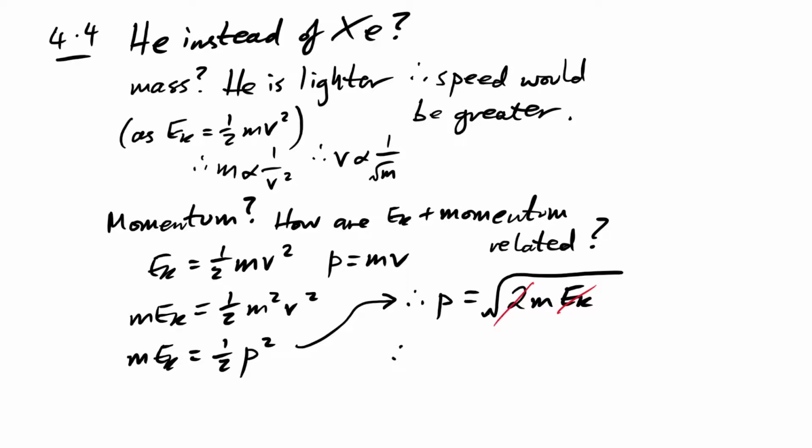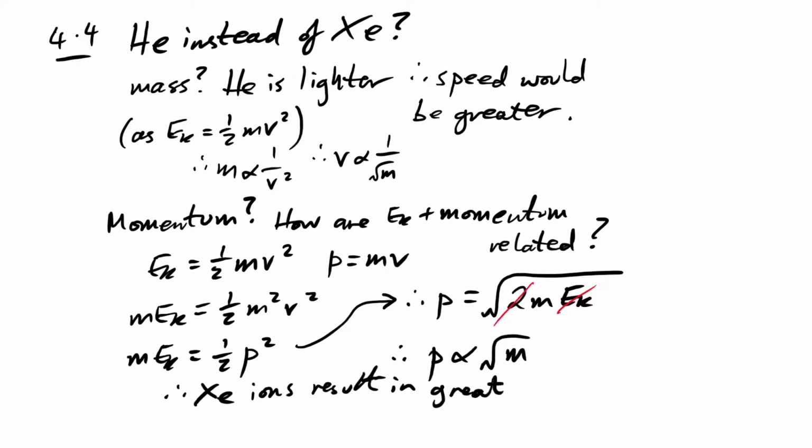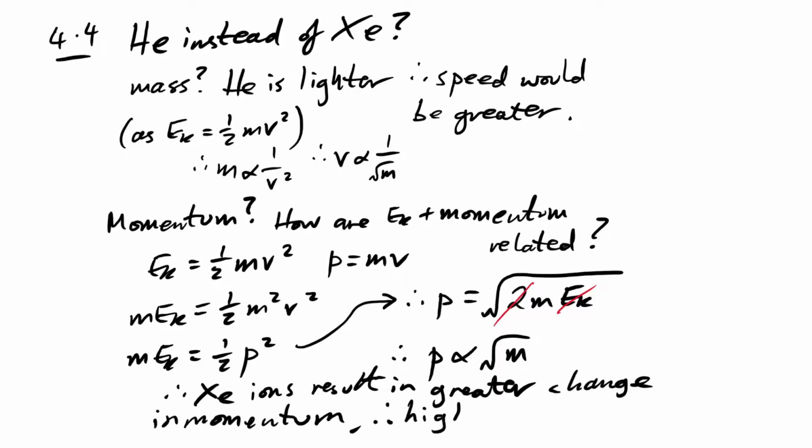So momentum is proportional to the square root of the mass. So actually, xenon ions result in greater change in momentum, therefore higher thrust or higher force propelling this spacecraft. This whole momentum versus kinetic energy relationship is very useful, especially when it comes to year 2 actually, and then multiple choice as well.